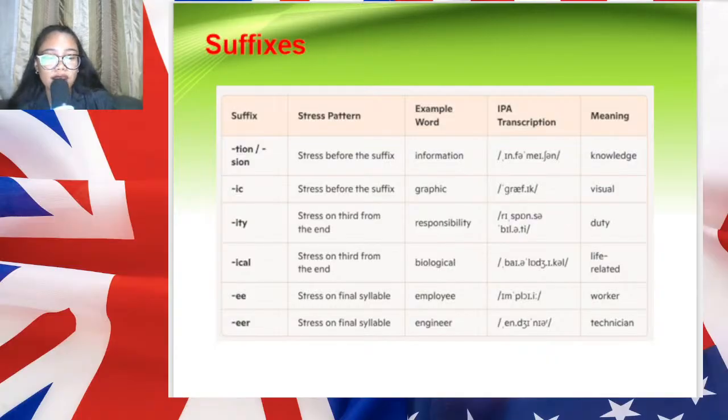So this suffix often creates abstract nouns that tend to focus on things that you cannot touch, but you can grow, you can demonstrate. For example, ability, responsibility, flexibility, sincerity, opportunity, all of them follow the same rhythm. Third syllable from the end is stressed.